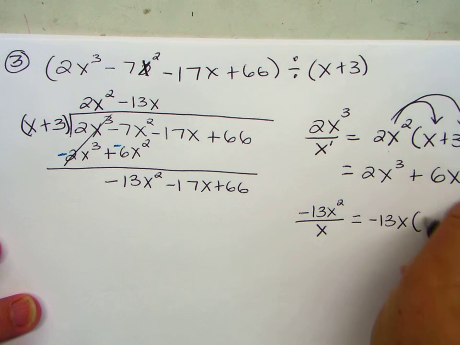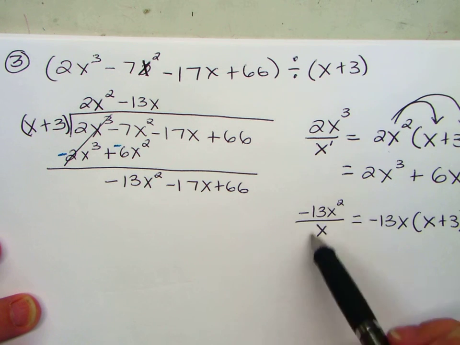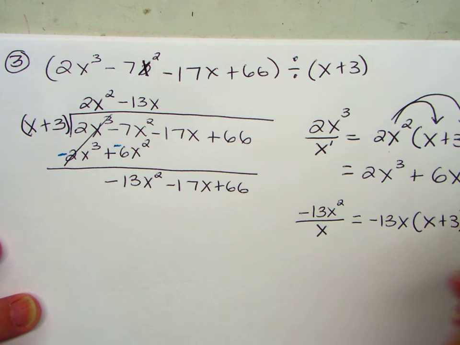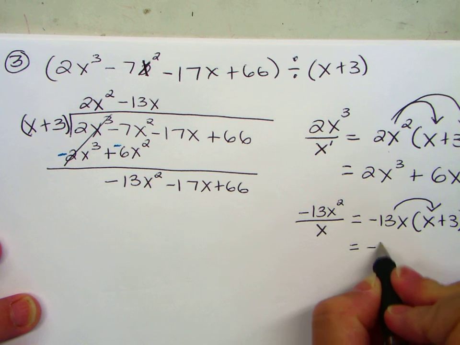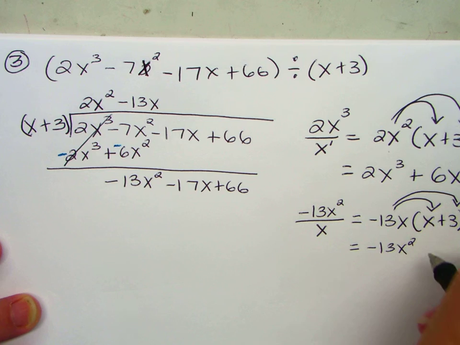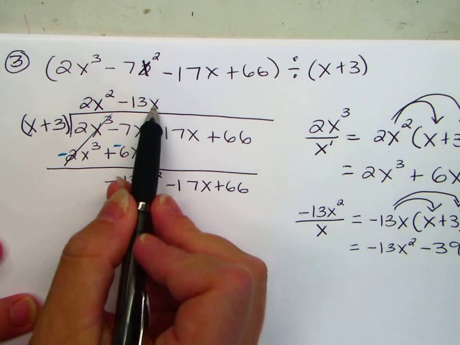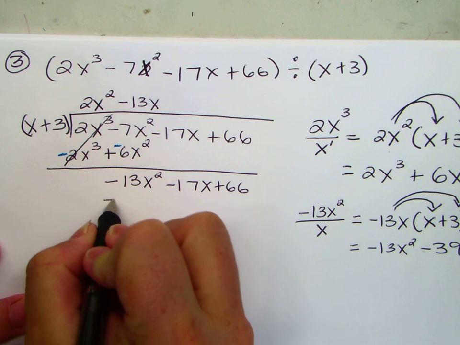Just like here, I'm going to put x plus 3. We divide by the same thing every time. We multiply by the same thing every time. Okay. Multiply. Negative 13x times x is negative 13x squared. Negative 13x times 3 is negative 39x. Okay? That's what we get when we multiply, right? We multiply, then write it underneath.